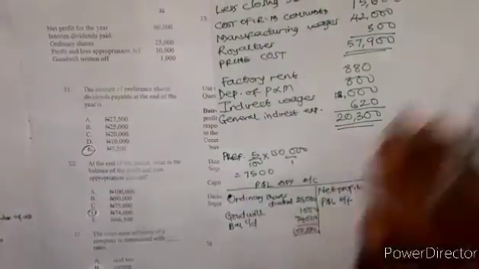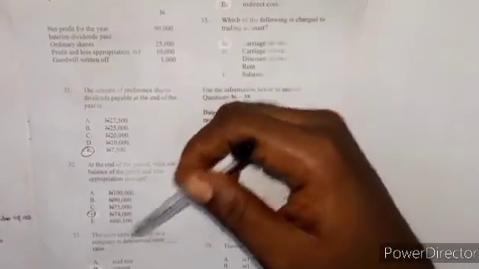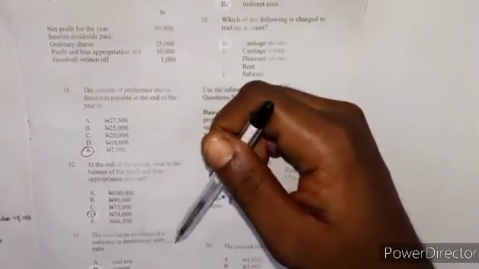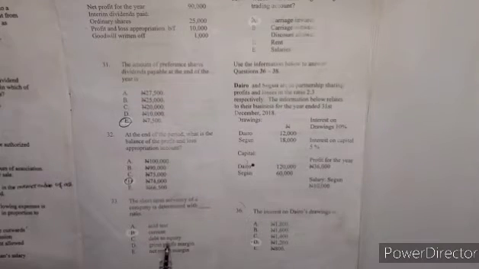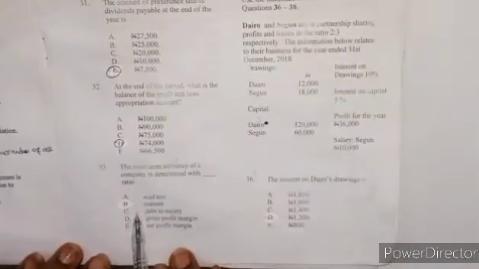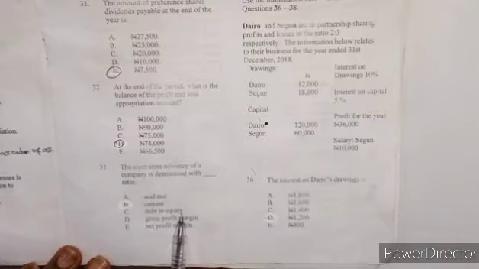The next one: the short-term solvency of a company is determined with dash ratio. A, asset test. B, current. C, debt to equity.